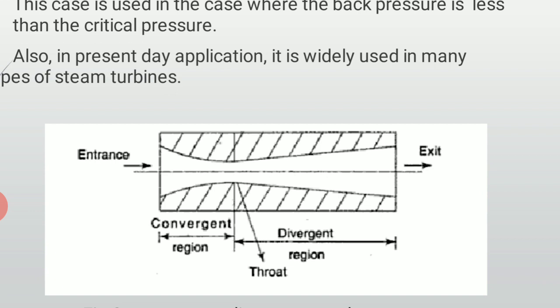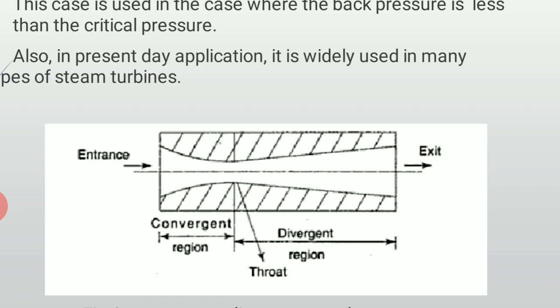Another derivation is the critical pressure ratio. What is the critical pressure ratio? We have already talked about pressure ratio in previous modules. If P1 is the pressure and P2 is the pressure, the pressure ratio is either P1 by P2 or P2 by P1.